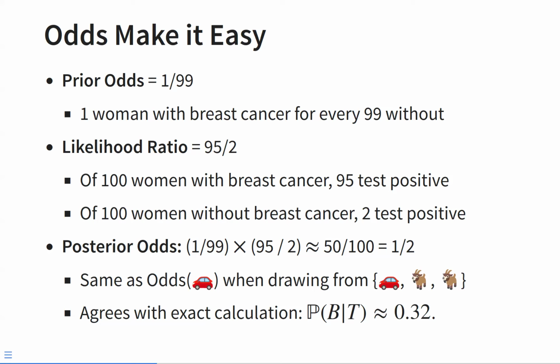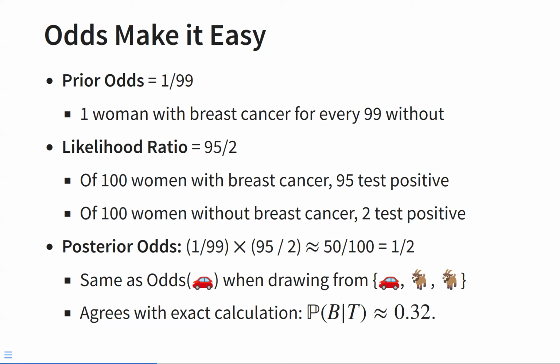And if we just look at those numbers, it's pretty clear. Now, the 95 and the 99 do not exactly cancel, right? But they come close. So if you're just doing this in your head and getting a rough approximation, the odds here are about 50 over 100, or about 1 over 2.